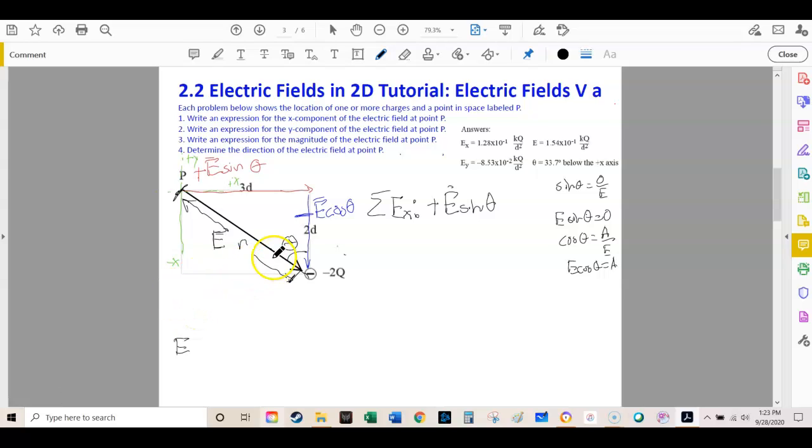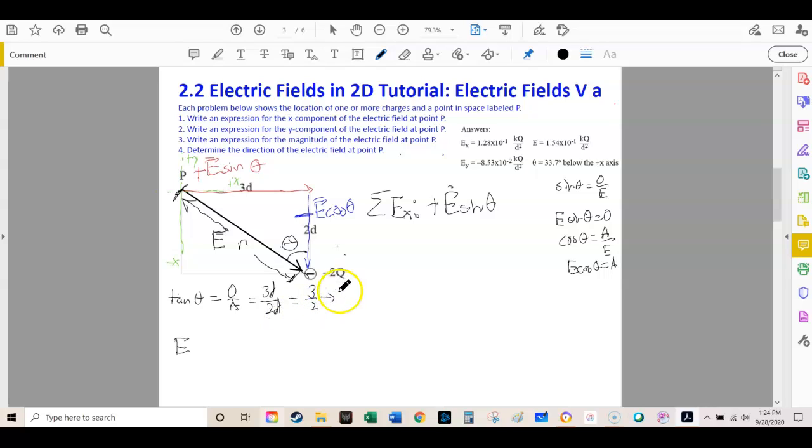The best way to do it is we have the angle theta here, and we have opposite and we have adjacent, right? So tangent of theta is equal to the opposite over adjacent, which in turn is basically 3d over 2d. And the d's are going to cancel out. And so that's just 3 over 2.